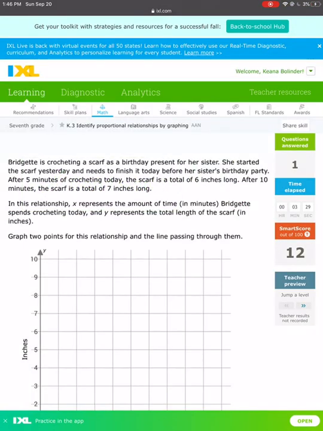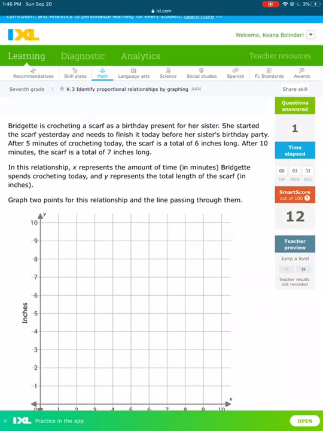All right, next one. I'm looking at my X's and Y's. I need to make points, okay? So after 5 minutes of crocheting, the scarf is 6 inches long, okay? So after 10 minutes, the scarf is 7 inches. So I need to make points from this.